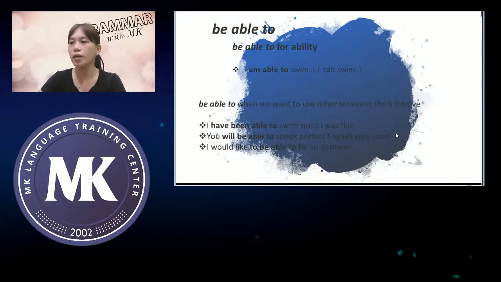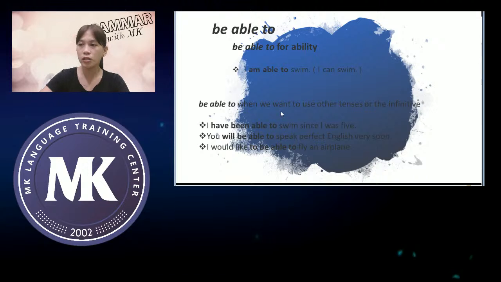Okay, be able to. So be able to for ability. Instead of using the word can for ability, you can also use able to. So for example, I am able to swim, or I can swim. And then next we have be able to when you want to use other tenses or the infinitive.